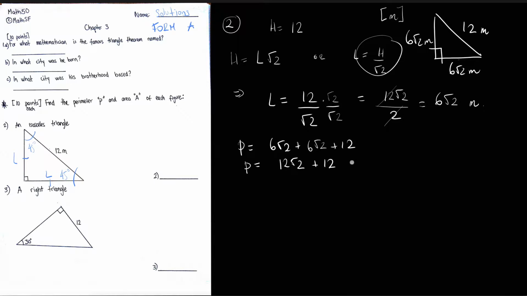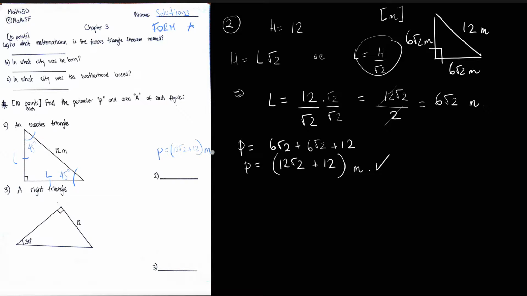Because perimeter is the distance around it, it should be 12 root 2 plus 12, all with the units of meters. So that should be your first answer that you're going to be writing in here. If I were to put my answer here, I'll put P equals parentheses 12 root 2 plus 12 meters.